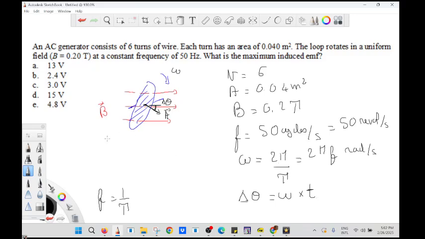So what else? We need to find the EMF. So it's like a motional EMF again. The EMF is by definition the number of loops, N, times delta phi over delta t. And phi is B times A. But now we have the angle, we have a dot product here, so it's the angle theta.